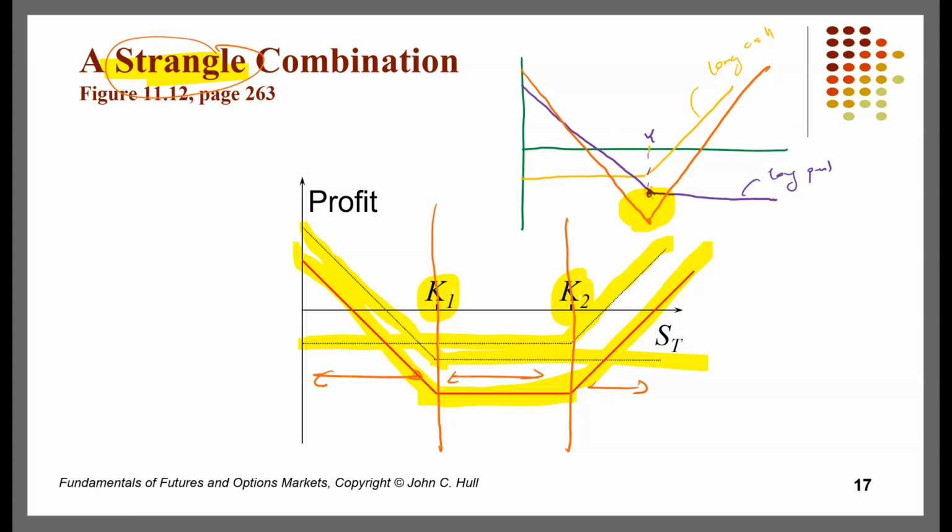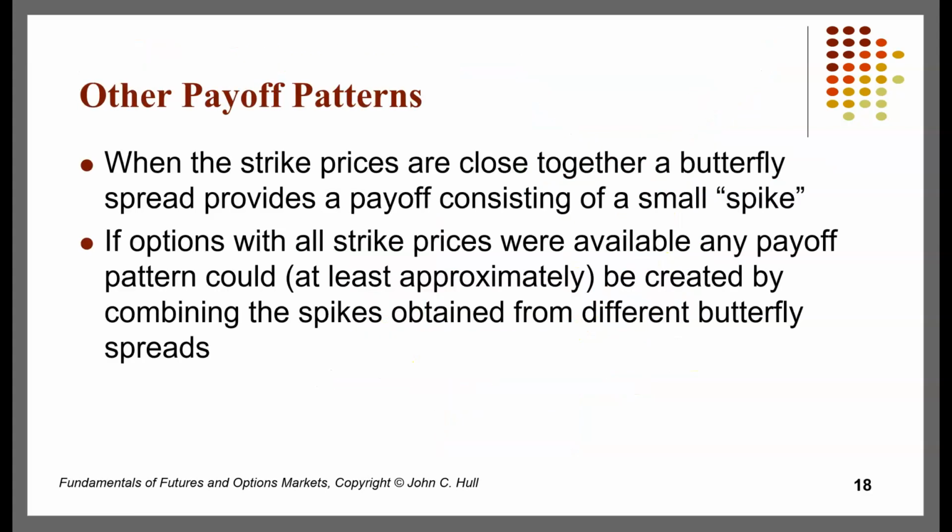But the difference is that the triangle uses two different strike prices. The long call has a higher strike price, and the long put has a lower strike price in this triangle.